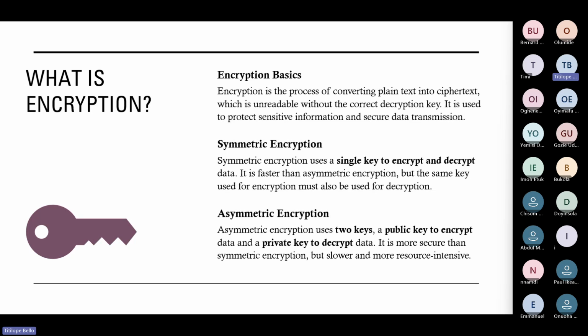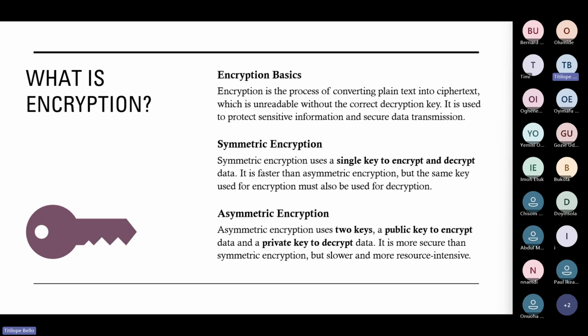The asymmetric one uses the two key pair: the public key to encrypt, the private key to decrypt. Just as the name suggests, the public key can be made available to anyone without compromising the encrypted data, right? Like I said, the public key is known to anybody, so it can be given to anybody.